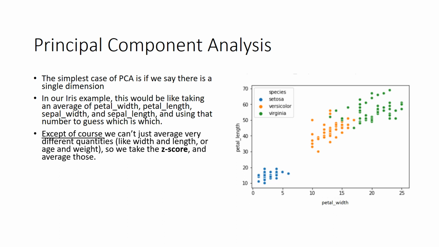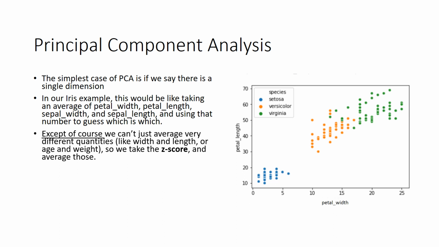To do that, essentially what we want to do is combine these things together. This would be like taking an average of petal width and petal length and sepal width and sepal length, and using that to guess what's what. What we actually do, though, is we transform these things into z-scores. If you noticed on the last slide, those are kind of 2 dimensions that look the same.